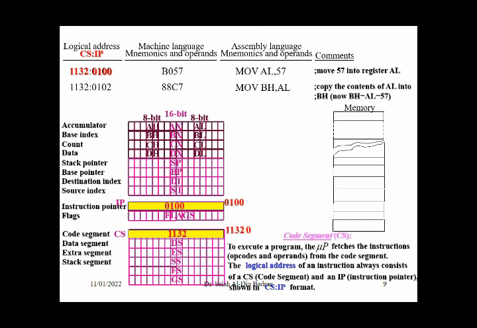By appending CS with 0, remember that, we will implement the addition operation to get what? The physical address. This is the physical address of this logical address.